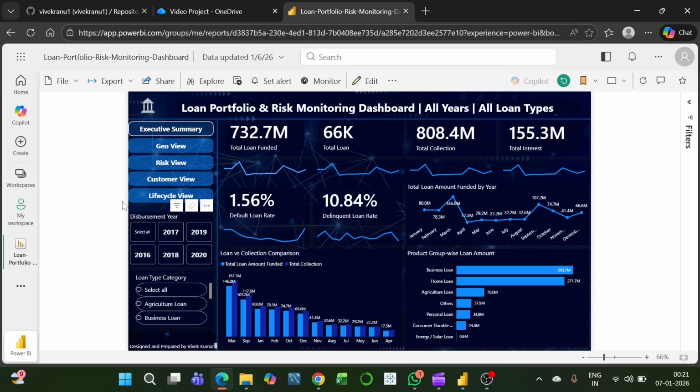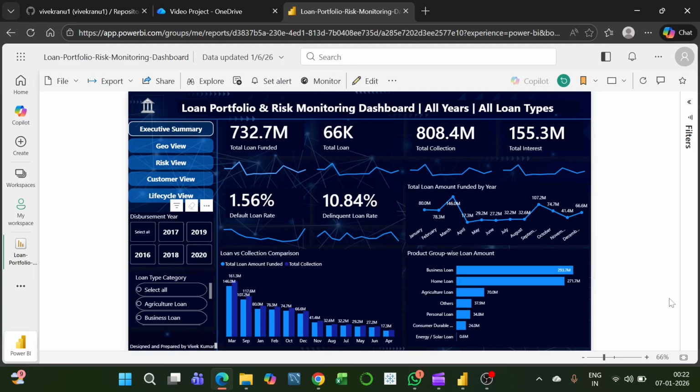In lending businesses, stakeholders such as credit heads, risk teams, and operation managers need quick answers to questions like: how healthy is our loan portfolio? Where are defaults and delinquencies coming from? Which loan products or regions carry higher risk? How are customers moving across the loan lifecycle?